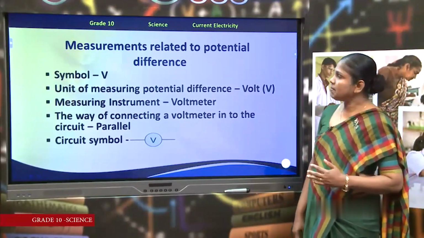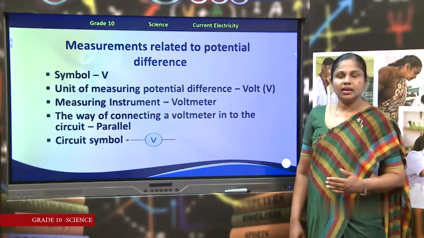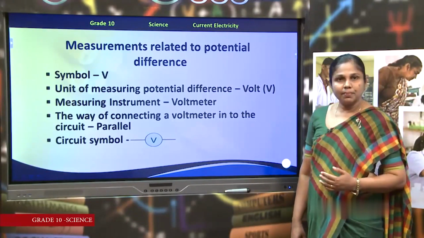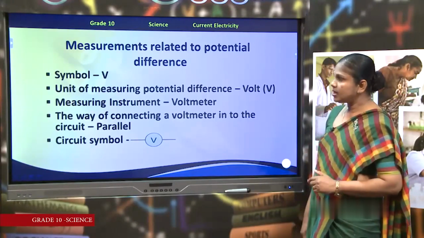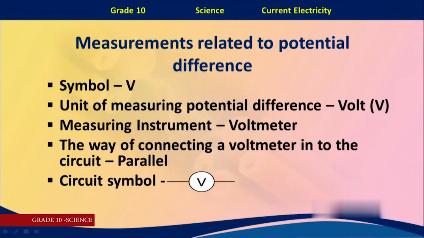Now look at some basic things relevant to potential difference. Symbol V, capital V. Unit of measuring potential difference, volt. Instrument, voltmeter. The way of connecting a voltmeter into the circuit is parallel.